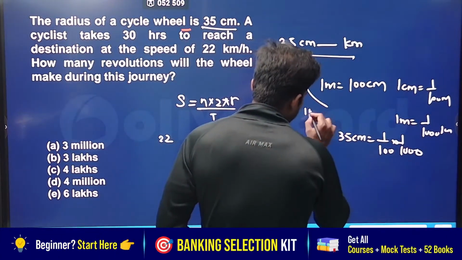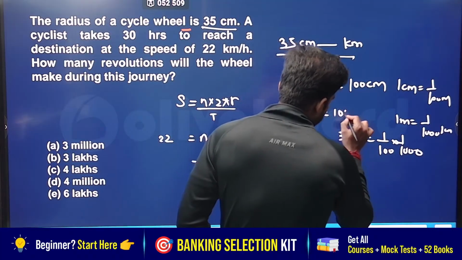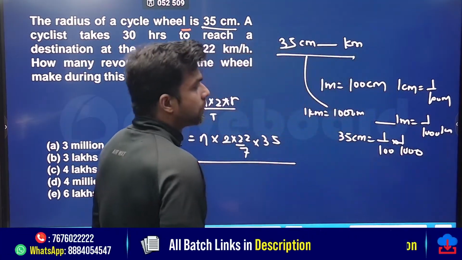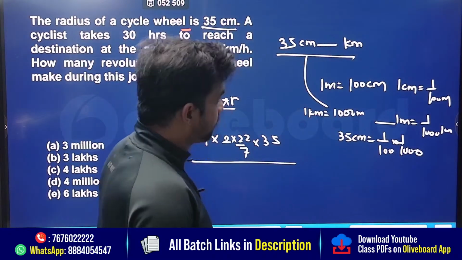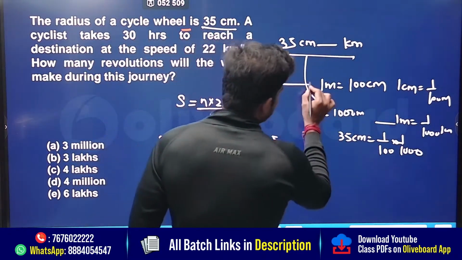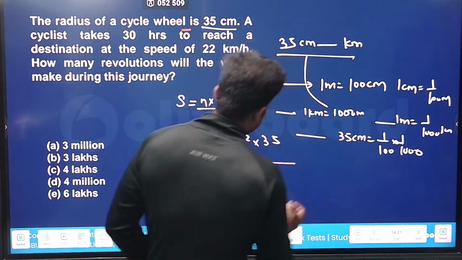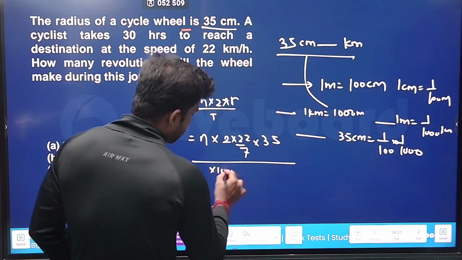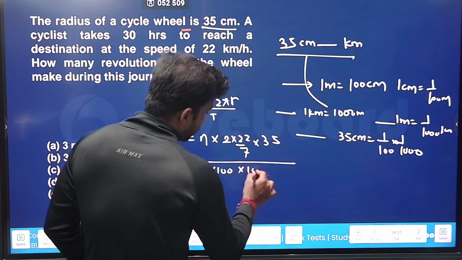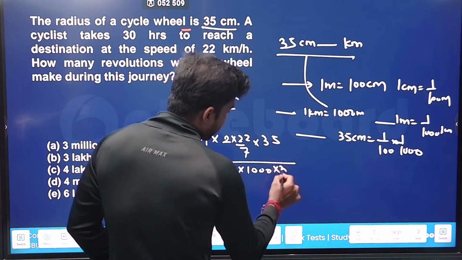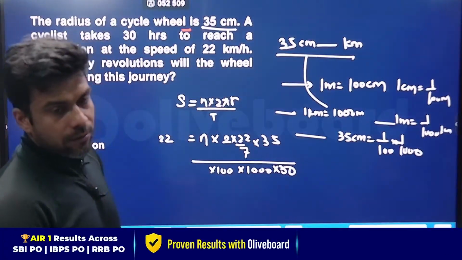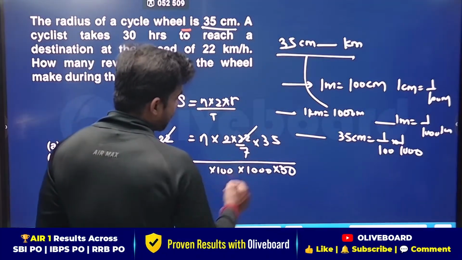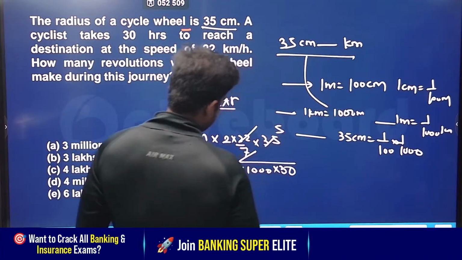Because 1 kilometer is equal to 1000 meter, so 1 meter equals 1 upon 1000 kilometers. I hope you understood this point. So 35 will get divided by, first of all, 100, second by 1000, and then by 30. Now this 22 will get cancelled 5 times.